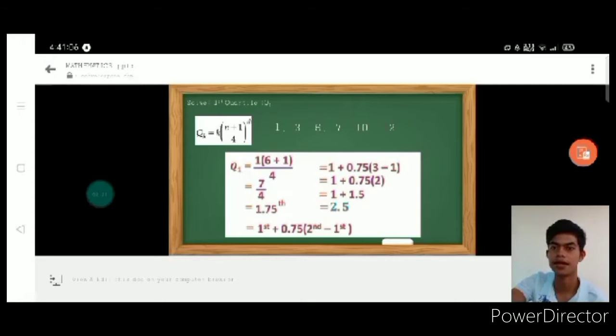Then multiply: 0.75 times 2 is 1.5. Then the answer of 1 plus 1.5 equals 2.5. So that's it for the ungrouped data.